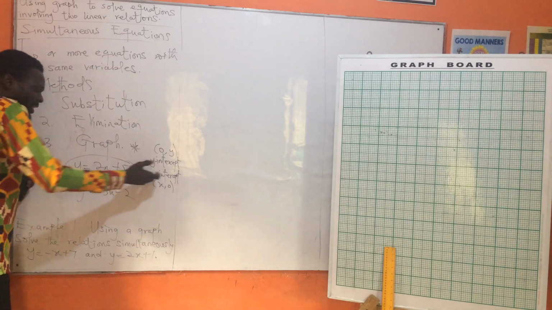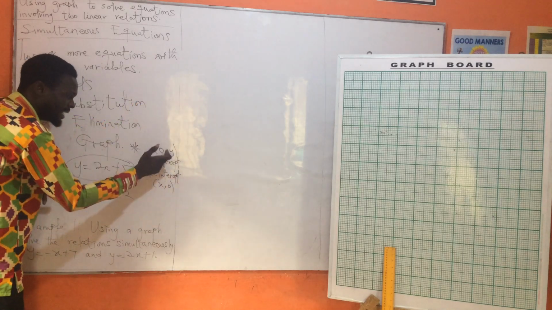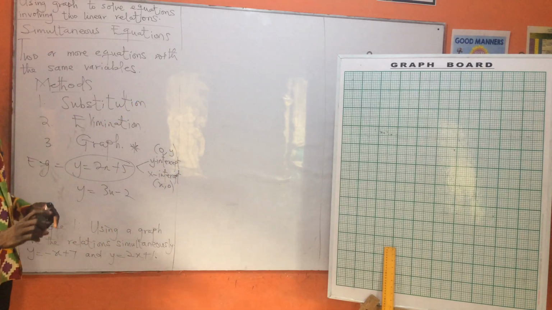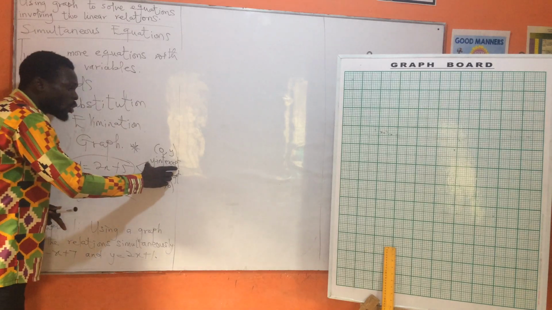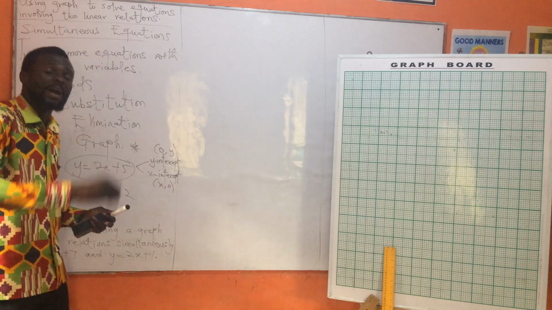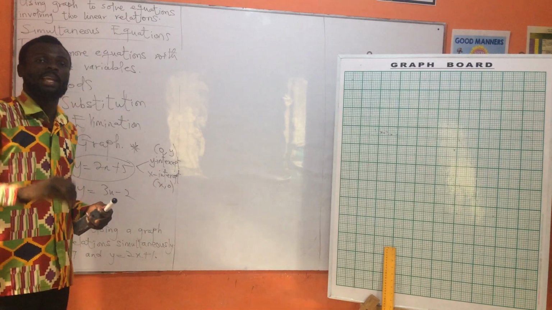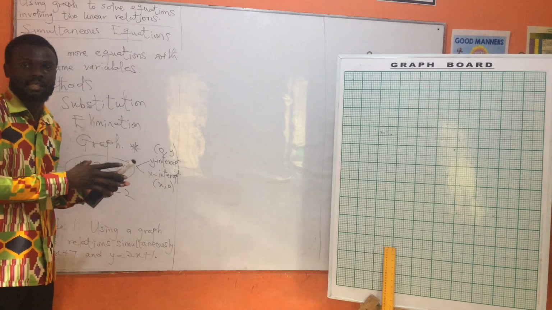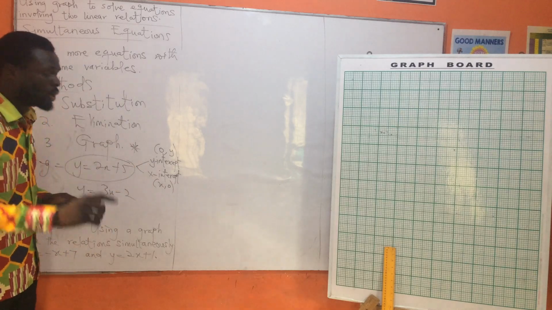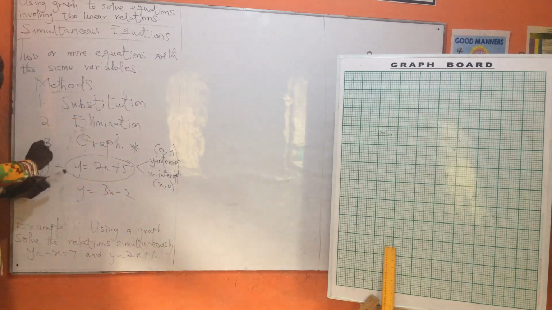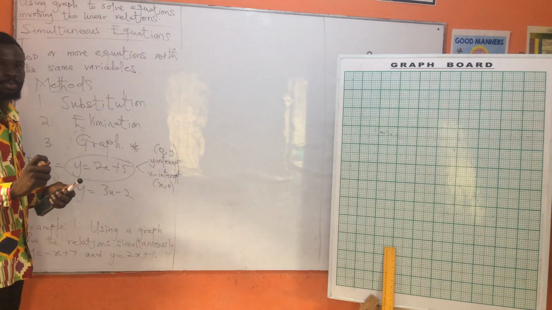For me to draw this line on my graph, I need these 2 points. We find the y-intercept when x is 0, and the x-intercept when y is 0. With these 2 points, I can plot this relation to get a line graph.